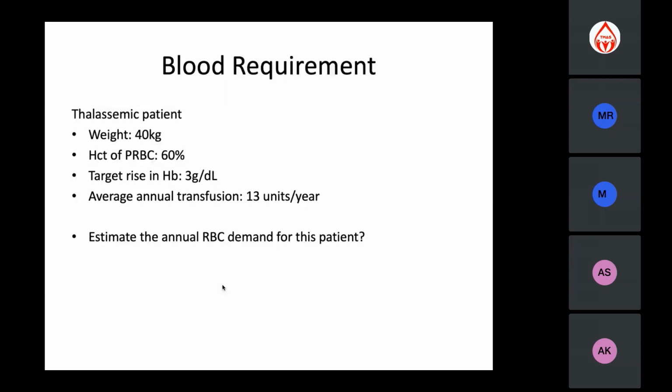The next calculation is a case scenario on a thalassemia patient. The weight is 40 kg. The hematocrit of the RBC unit which we give for thalassemia is 60%, and the target rise in hemoglobin is 3 grams per deciliter.